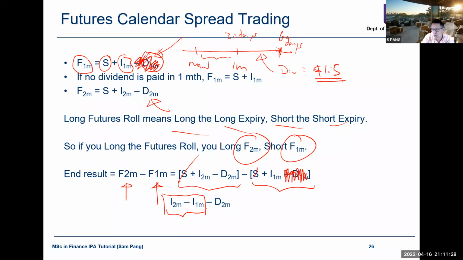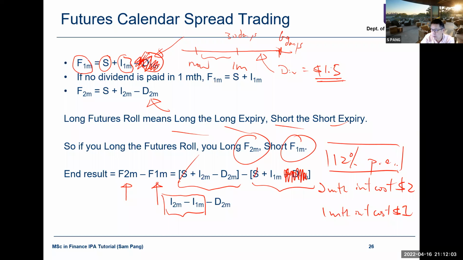And if you have a flat curve, if you assume, just for simplicity, if you have a flat curve, then, well, okay, look, if interest rate was 12% per annum, then the 2 months interest cost is $2, but the 1 month interest cost is $1. Okay, just dividing 12% by 12 for every month.